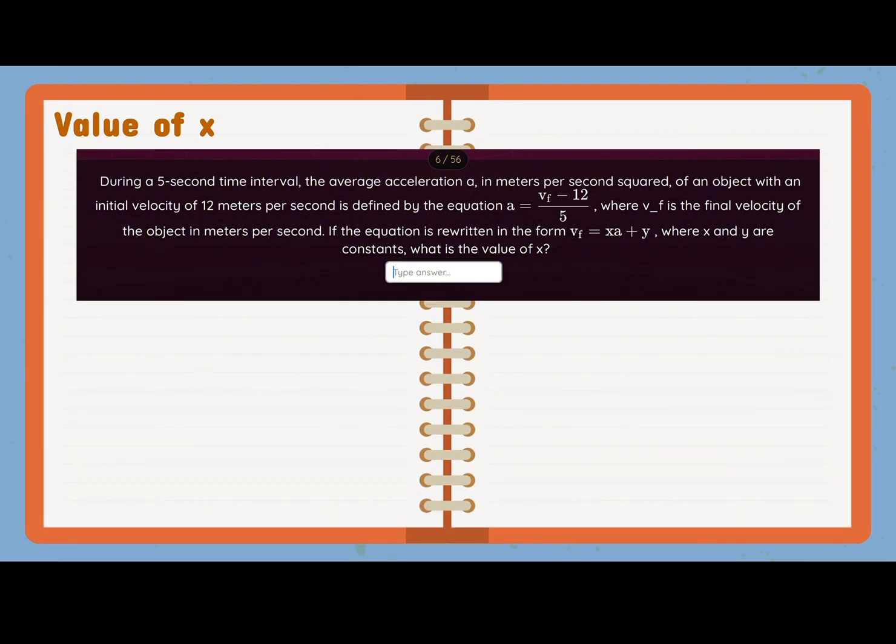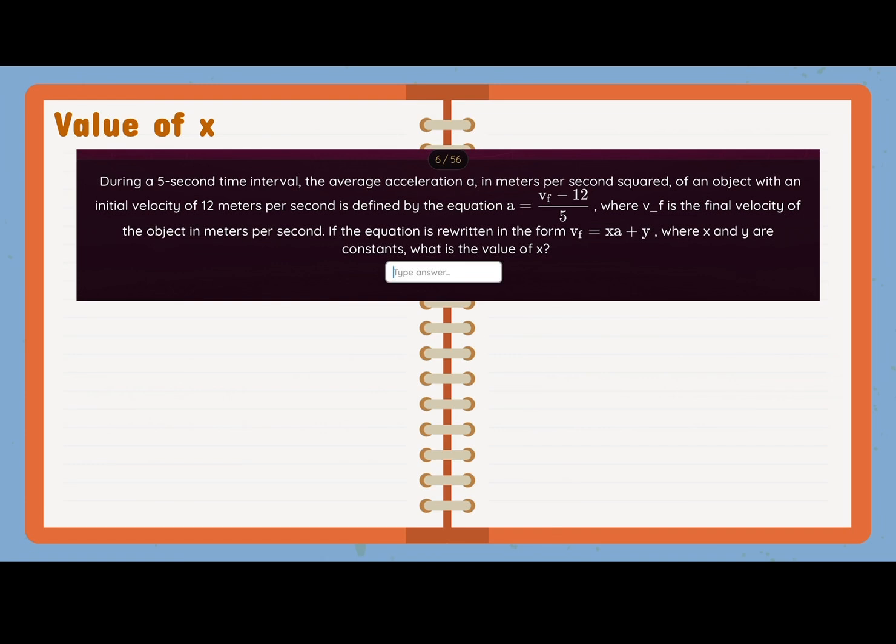During a 5-second time interval, the average acceleration in meters per second squared of an object with an initial velocity of 12 meters per second is defined by a equals vf minus 12 over 5, where vf is the final velocity of the object in meters per second. If the equation is rewritten in the form of vf equals xa plus y, where x and y are constants, what is the value of x?